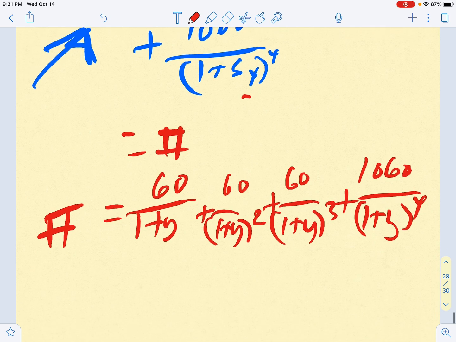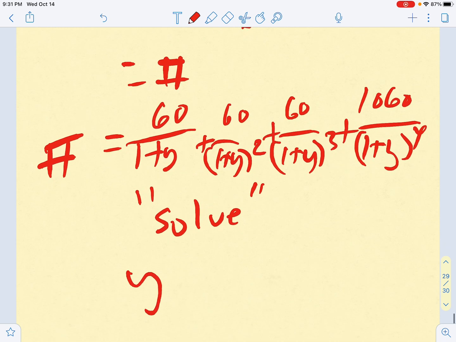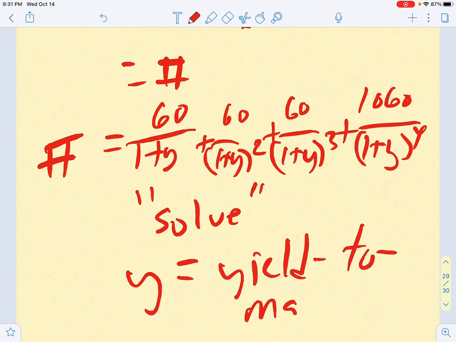And then we solve this, and we get a value for y. That y value is the yield to maturity for the bond.